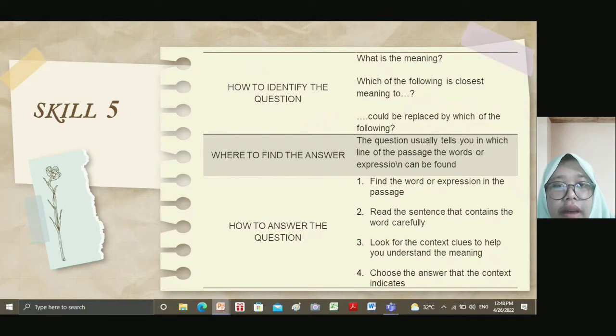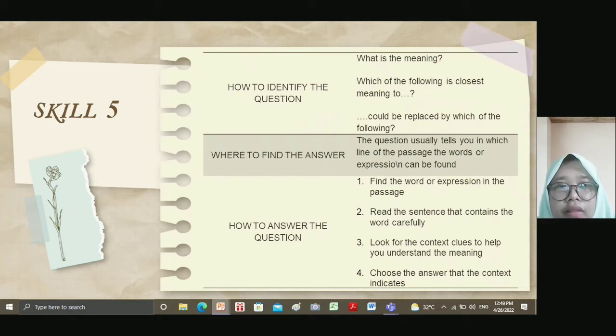If we look at this slide, this is skill 5 of the reading part. Skill 5 is vocabulary in context questions. The following are explanations of skill 5 of the reading part. First, how to identify the question.